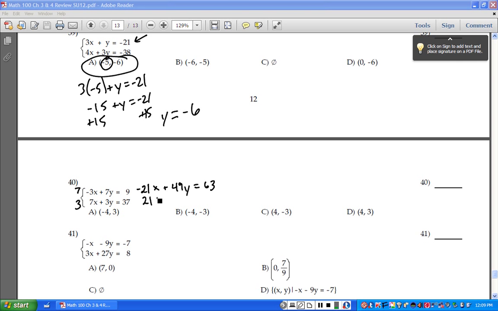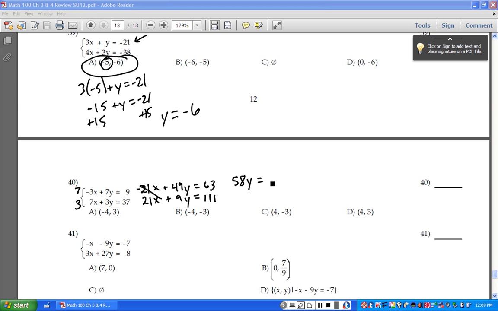This gives me a positive 21x plus 9y equals 111. Alright, these cancel. 49 and 9 gives me 58y.